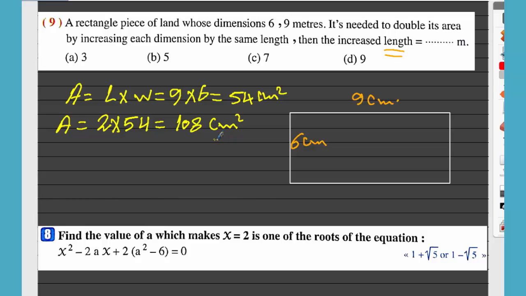How did we double it? How do we increase the area? By adding a certain number. Let us consider it x, added to both the length and the width.